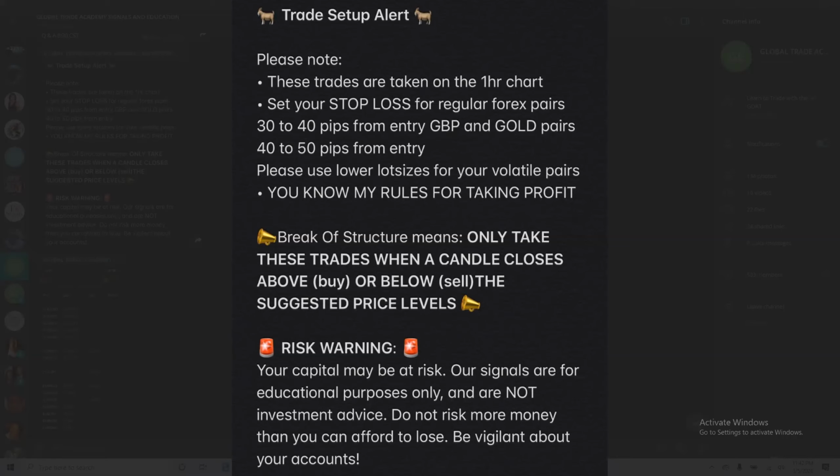You have to wait for the candle to close above or below the suggested level. Please, please, please hear me on that point, guys. Let the candle close above or below the suggested level, okay?